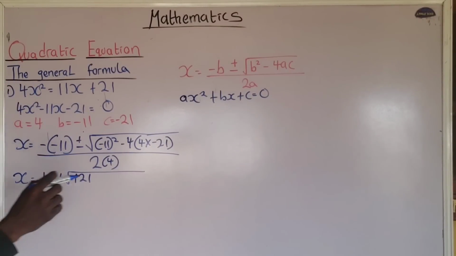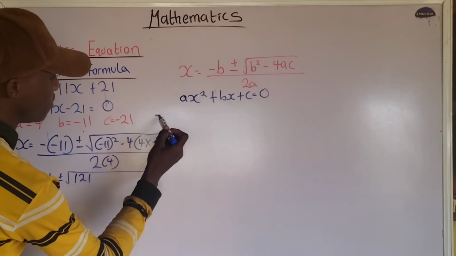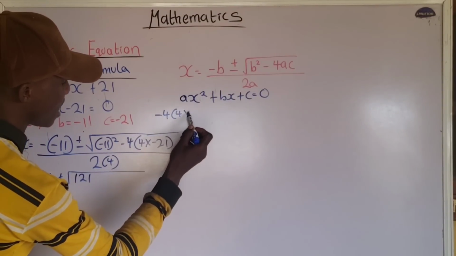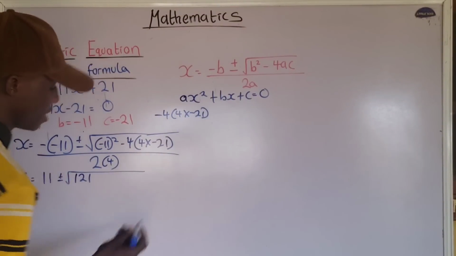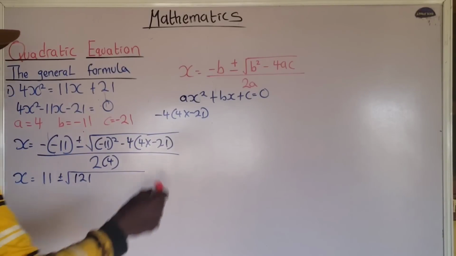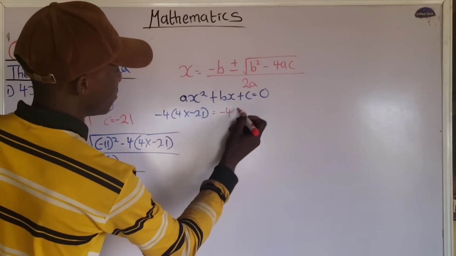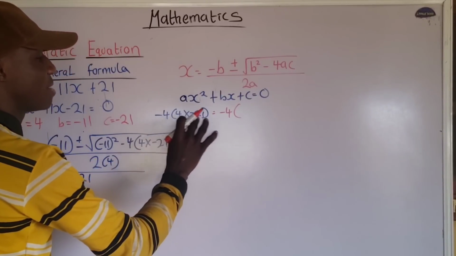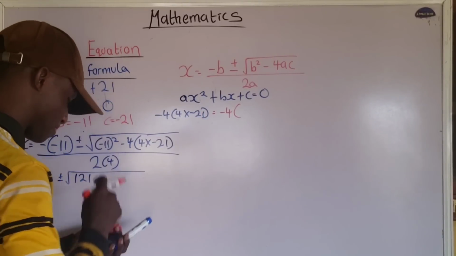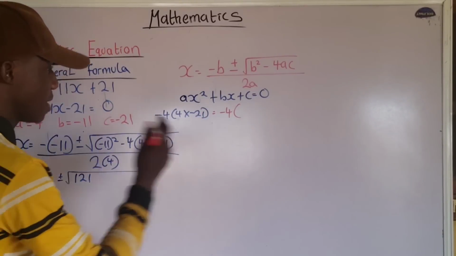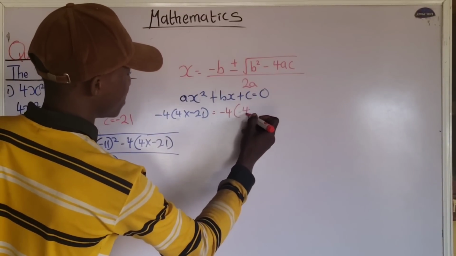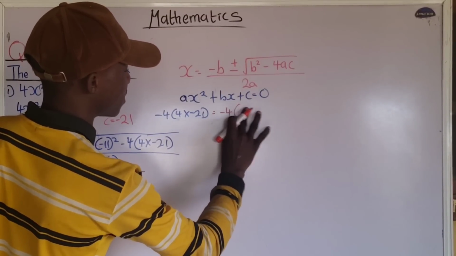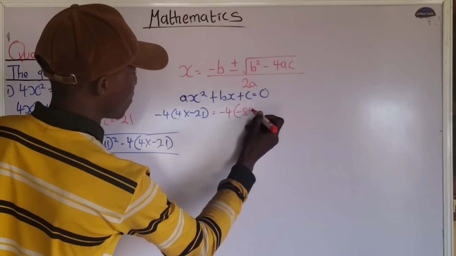Please, I want you to pay attention. 4 multiplied by negative 21 will give us negative 84. You understand? Let me quickly solve this here. See, we have negative 4 in bracket 4 times minus 21. Now let us simplify. 4 multiplied by minus 21 will give us what? Negative 40, oh no, negative 84, sorry, negative 84.